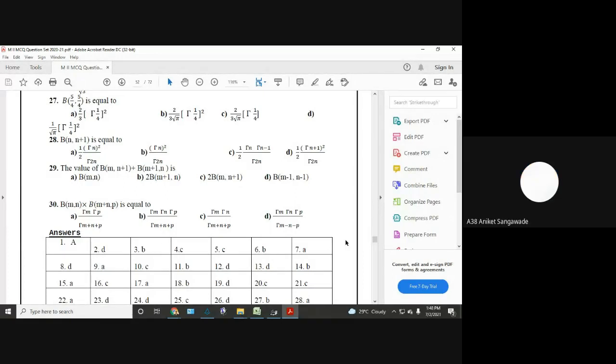Present, sir. 42. Present, sir. 45. Absent. 46. Present, sir. 48. Present, sir. 49. Present, sir. 50. Present, sir. 51.